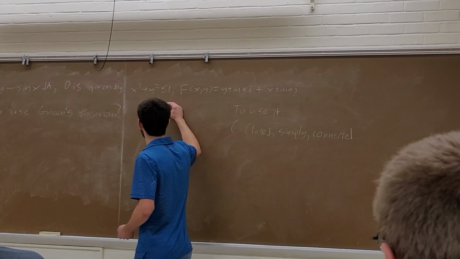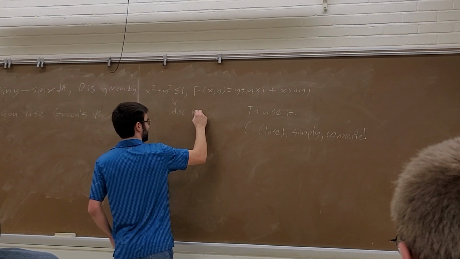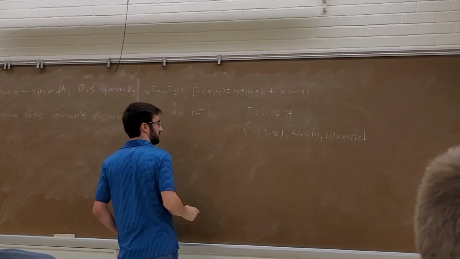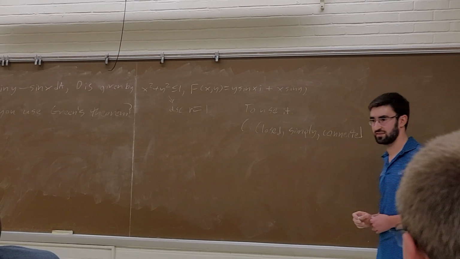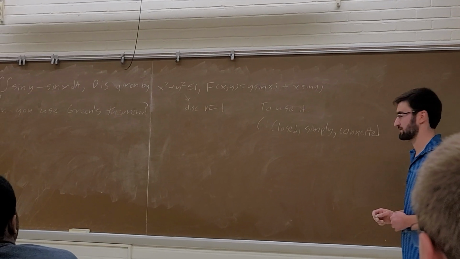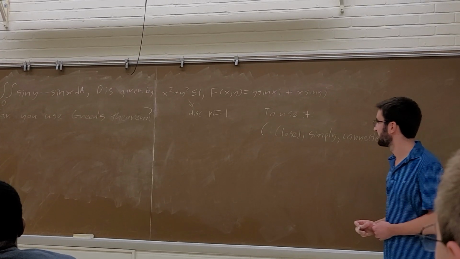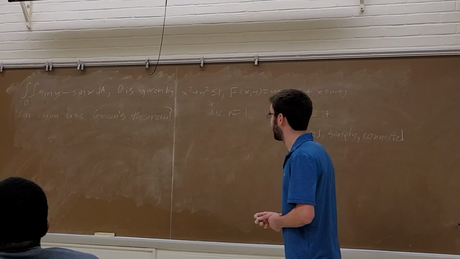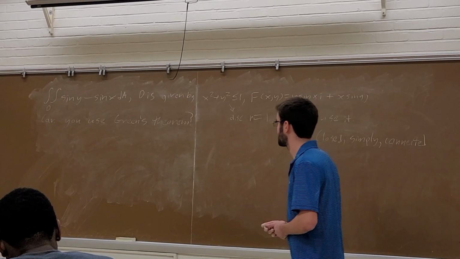That guy is a disk of radius 1, so that is closed. And it's also simply connected, because it doesn't intersect itself. So that's correct, and I'm pretty sure that the answer is just yes because of that.